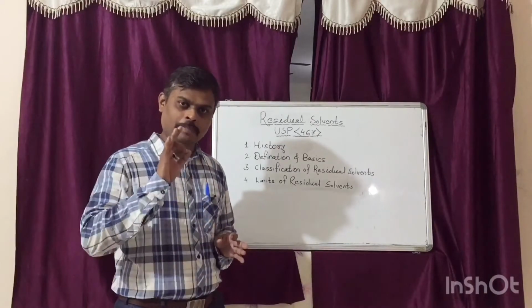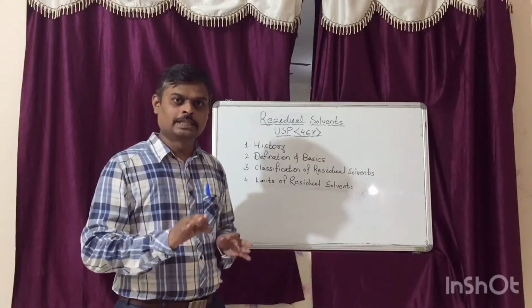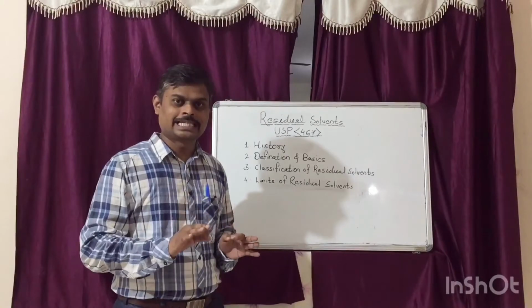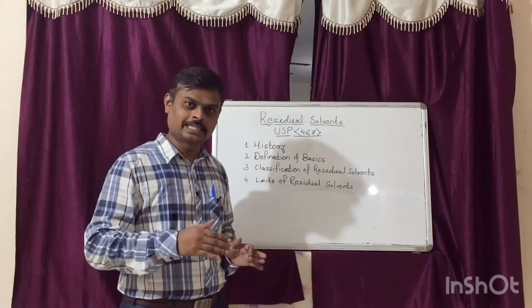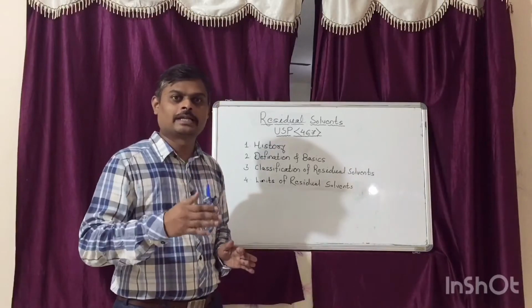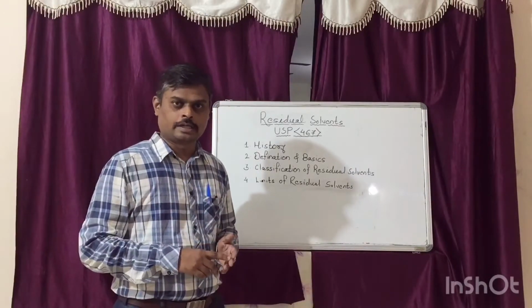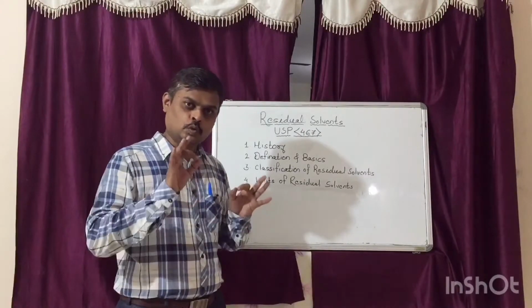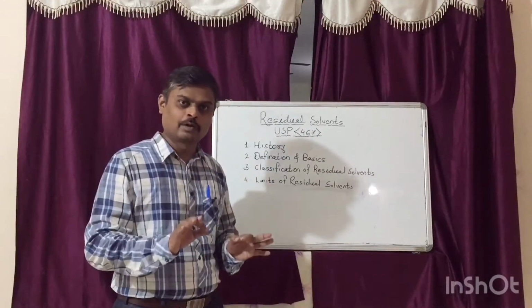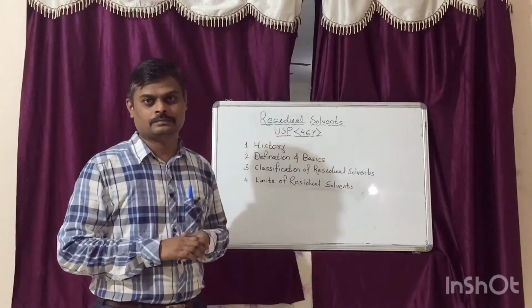However, in the majority of cases, the use of solvent is mandatory in order to enhance the yield of the material or product. It is also required in purification to reduce the level of impurities.